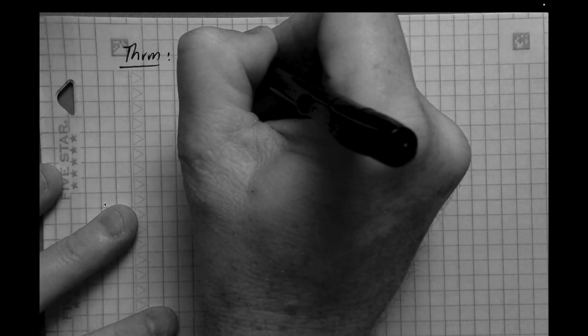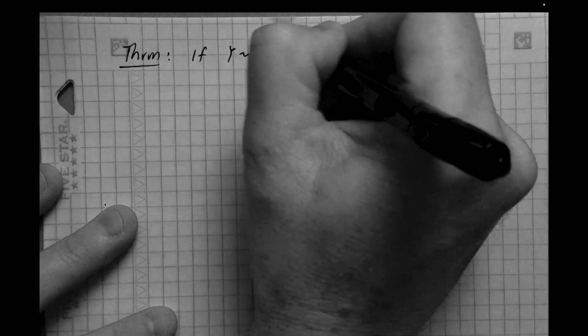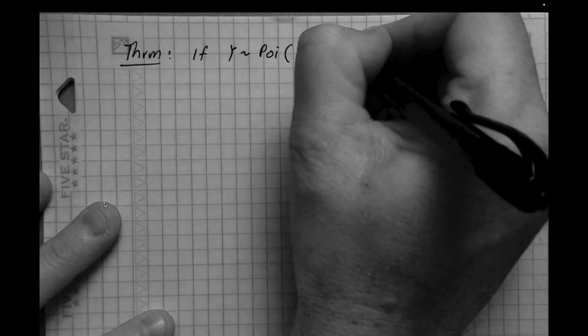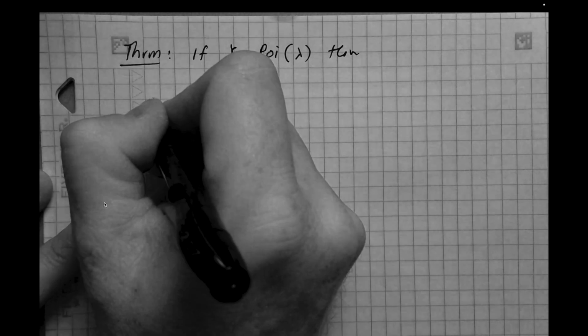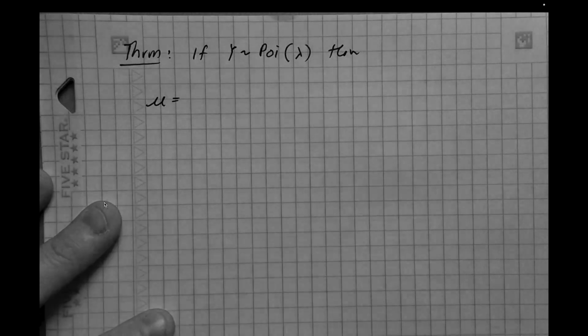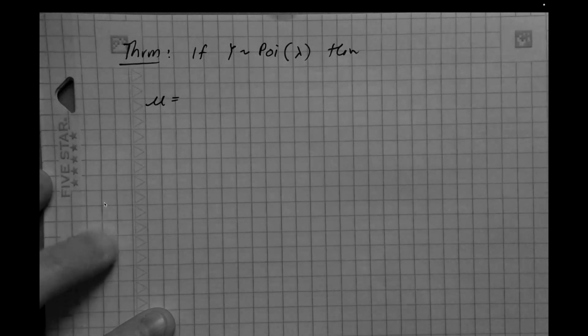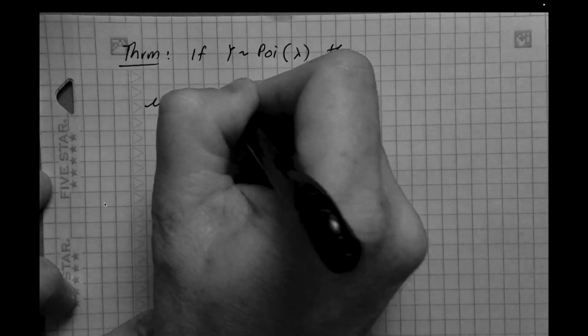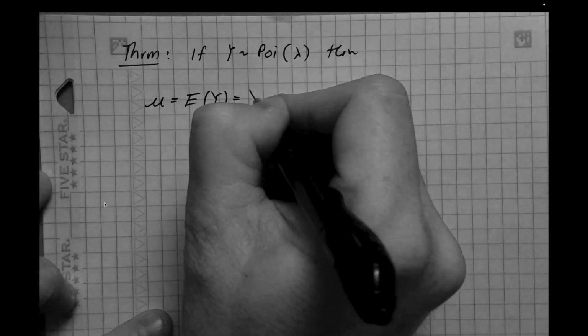Okay, so theorem. If y is a Poisson random variable with parameter lambda, then the mean of y, the mean of this distribution, also known as the expected value of y, is equal to lambda.